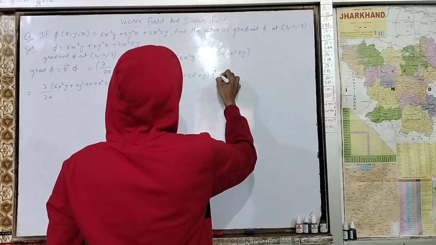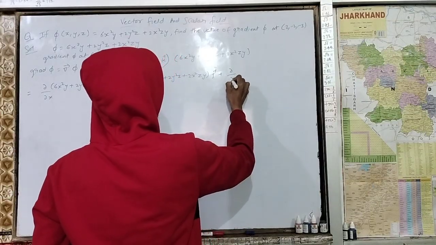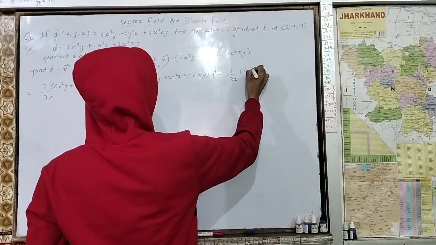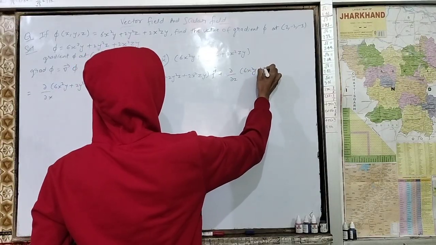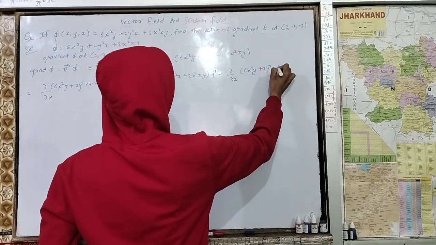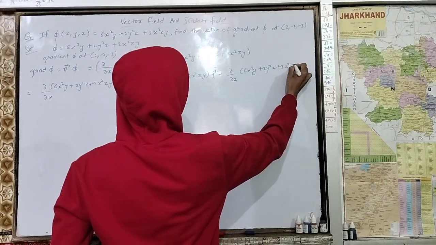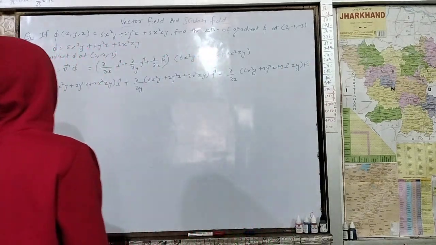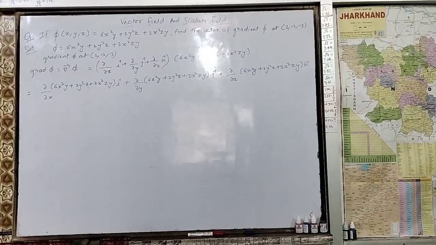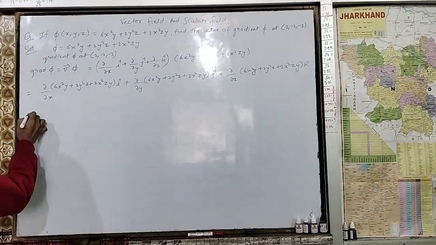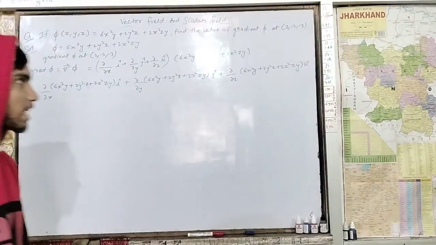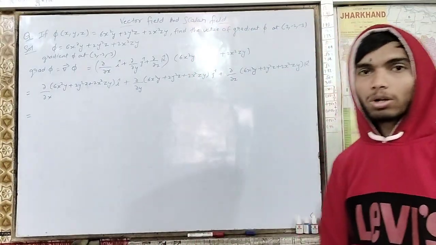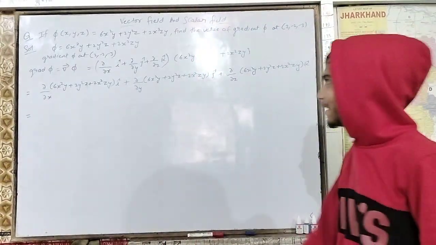J cap plus d upon dz of 6x square y plus 2y square z plus 2x square zy k cap. Okay, till here we are crystal clear. There is no dot till here. All steps are crystal clear.